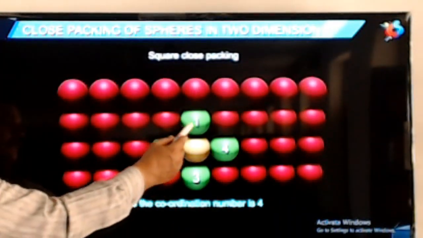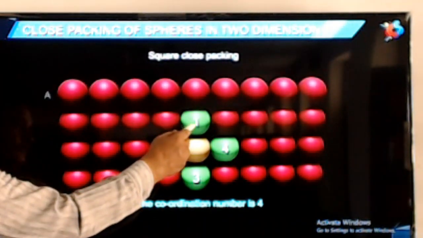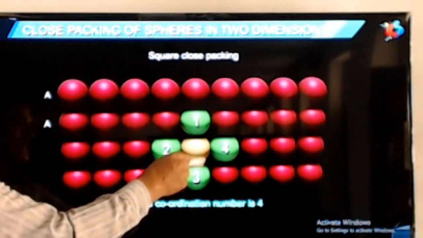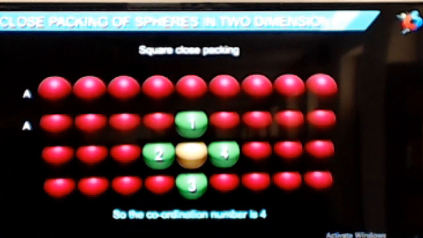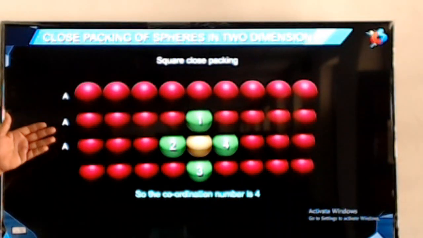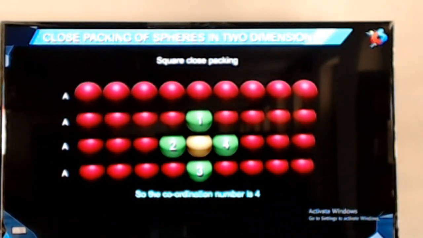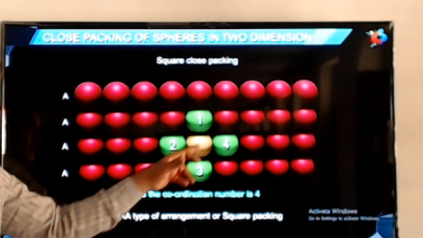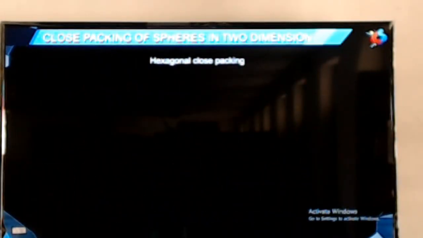This is in contact with 4 other particles. If we join the centers of these 4 particles, we will get a square. So this is called square closed packing. All are of the same type, so this is called AA type of 2D square closed packing. The coordination number is 4.